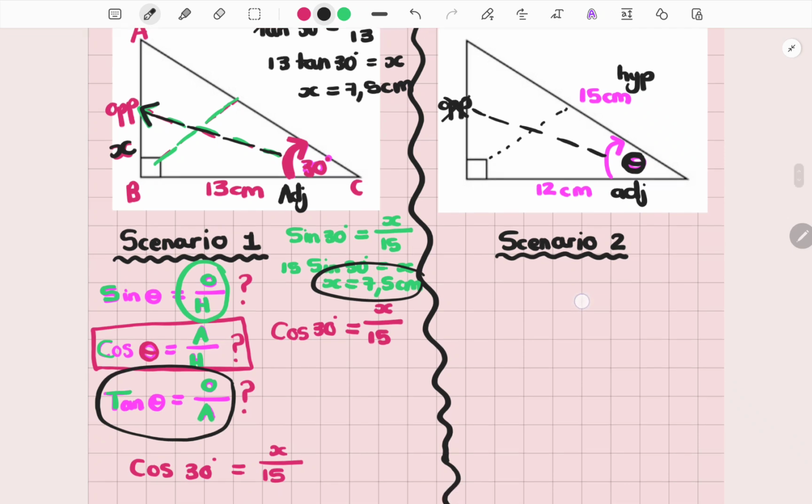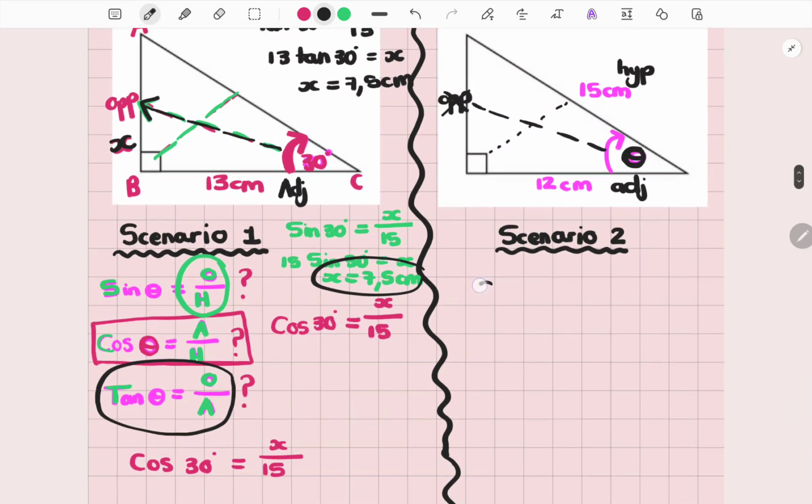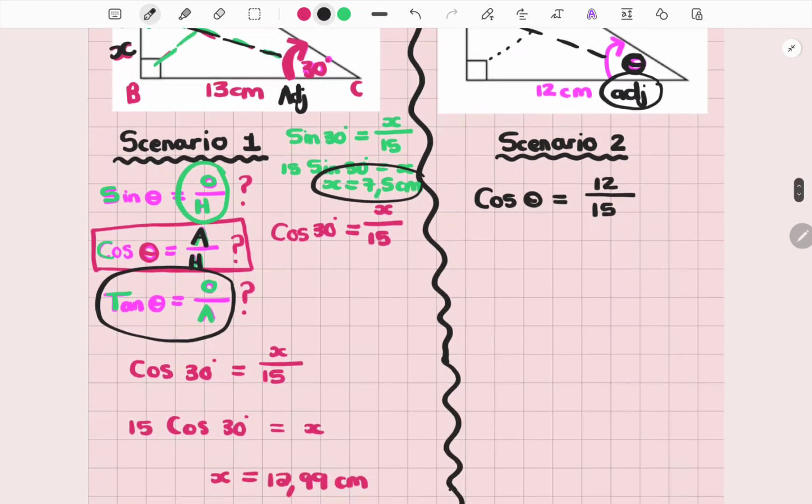So, cos, so cos theta. If you look here, the only one with an A and an H is cos. So cos theta is equal to the adjacent. So be very careful with this one. It's the adjacent, which is 12, over the hypotenuse, which is 15. All right, so now we can find theta's size.